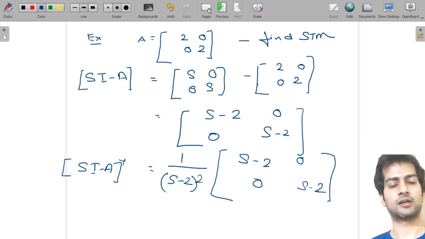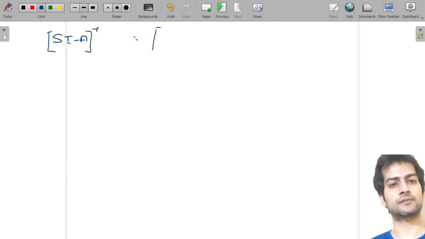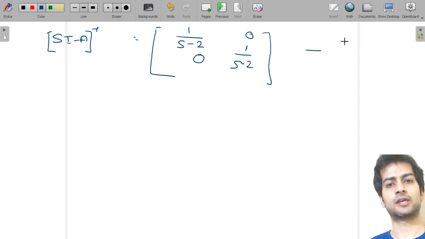So finally we will get something like this: 1 by s minus 2, 0, 0, 1 by s minus 2. So this is the STM in S domain.